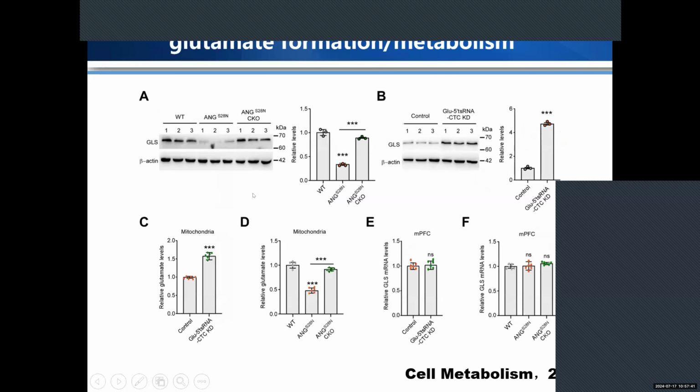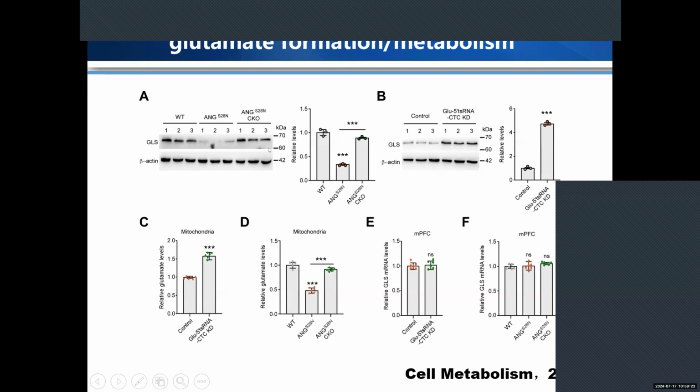Then the next question is, we know this particular tRNA fragment produced in the cytosol transfers to mitochondria and affects mitochondrial translation. Then what's the relationship of this glutamate tRNA fragment with the glutamate level, because it's a glutamate tRNA? To our surprise, we found an enzyme called GLS, a glutamate biosynthesis enzyme, residing on the mitochondrial inner membrane, also called cristae.